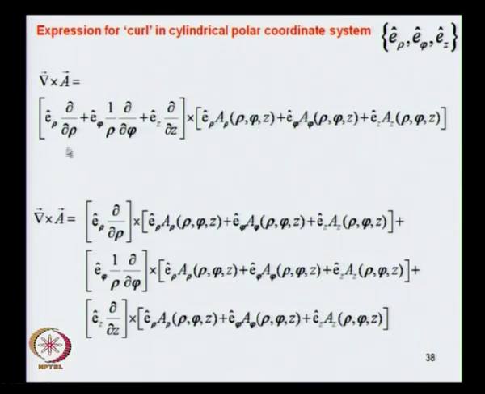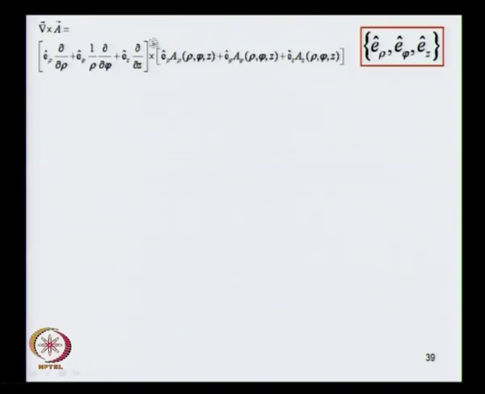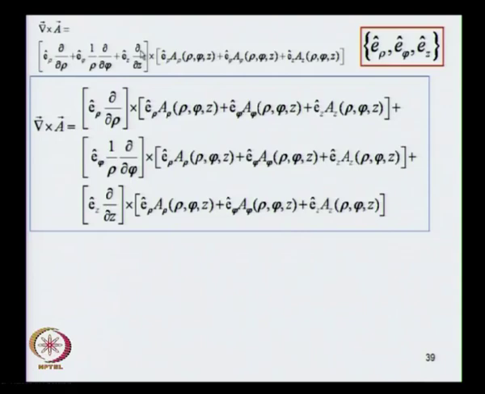All I have done is to separate out these 3 terms. So, you have got e_rho del by del rho cross this whole vector, then you have got the second term, and then you have got the last term. So, we will carry this to the top of this slide, and now these 3 terms again we separate out one by one.